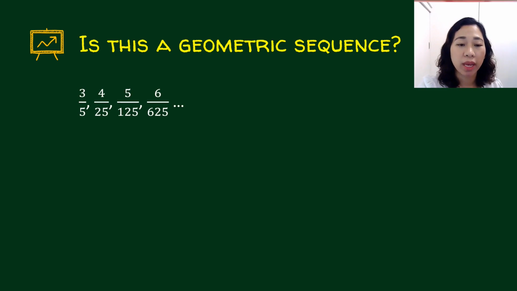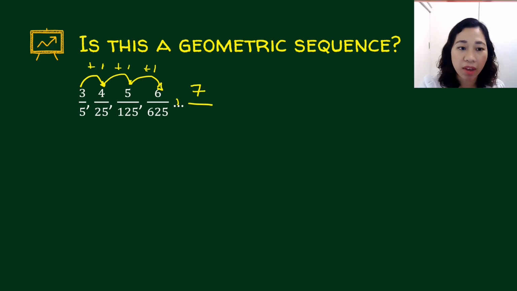Is this a geometric sequence? Now, if I just ask you, what is the next number in this sequence? Let's look at the numerator. What's the pattern? I'm just talking about the numerator, okay? For the numerator, you keep on adding 1, right? So the next term is 7. What about the denominator?